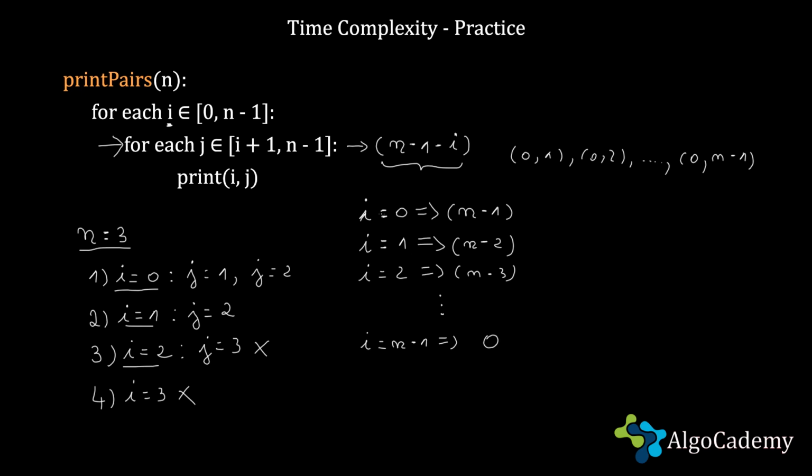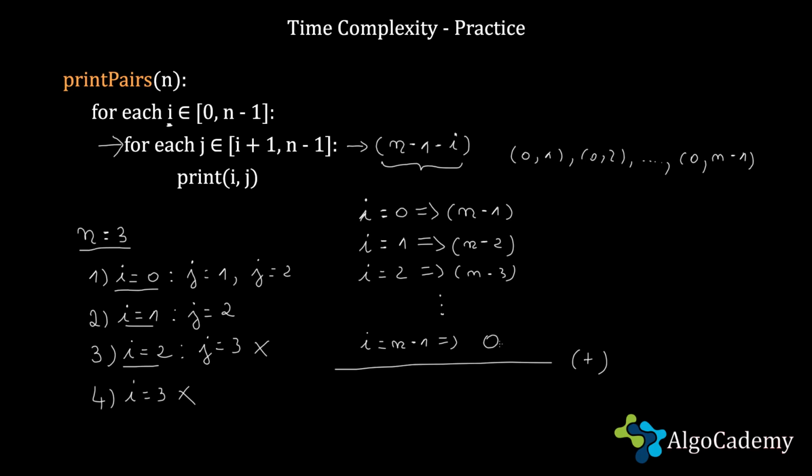So think about this. For i equals 0, this many operations. Then for i equals 1, this many operations. For i equals 2, this many operations, right? So in total, because we try out each and every value of i, we are going to add all these numbers of operations together, and that's the total number of operations that we get.